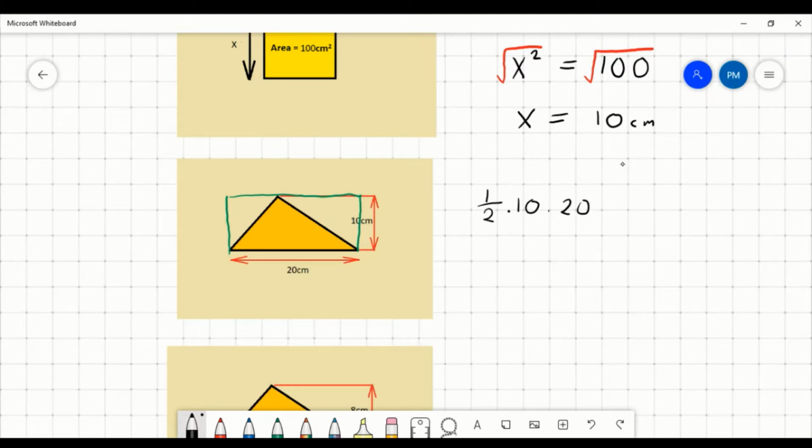And if you want, you can solve this straight out, put that into your calculator and do it. Or you can write the formula like this, which is a way that I prefer to write it: 10 multiplied by 20 divided by 2. So that's another way of writing it. You can write the height by the base and then divide the whole lot by 2. If you do this, you can divide 2 into 10 and you'll get 5 by 20.